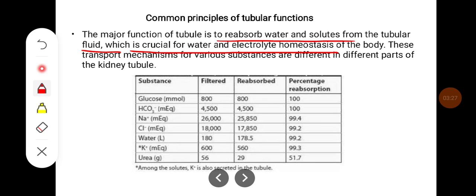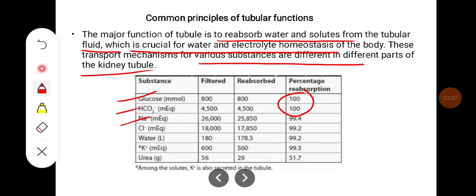These transport mechanisms of various substances are different in different parts of the kidney tubules. The glucose and bicarbonates are almost 100% reabsorbed. Sodium, chloride, water, almost 99%, as well as potassium, and urea is absorbed around 50% of the filtrate.